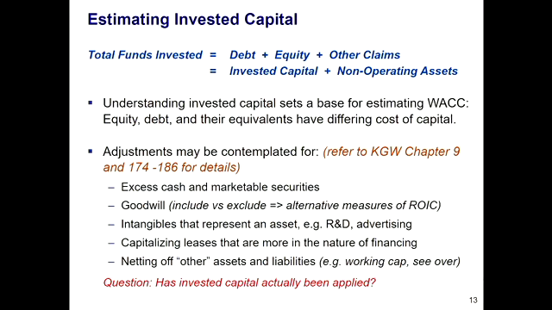The valuation of goodwill is controversial, and when we do valuation or performance measures like ROIC, sometimes we try to strip goodwill from invested capital. It's on the balance sheet and financed by one of the capital providers.